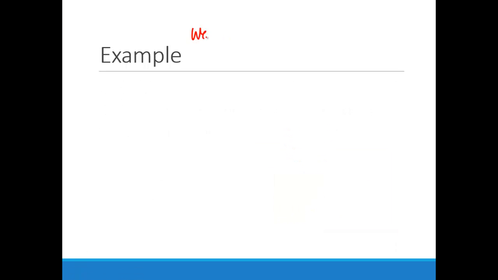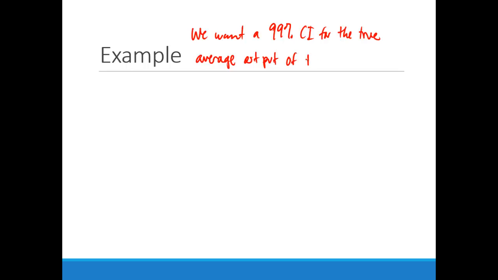We want a 99% confidence interval for the true average output of the Dutch Energy Agency's turbines.